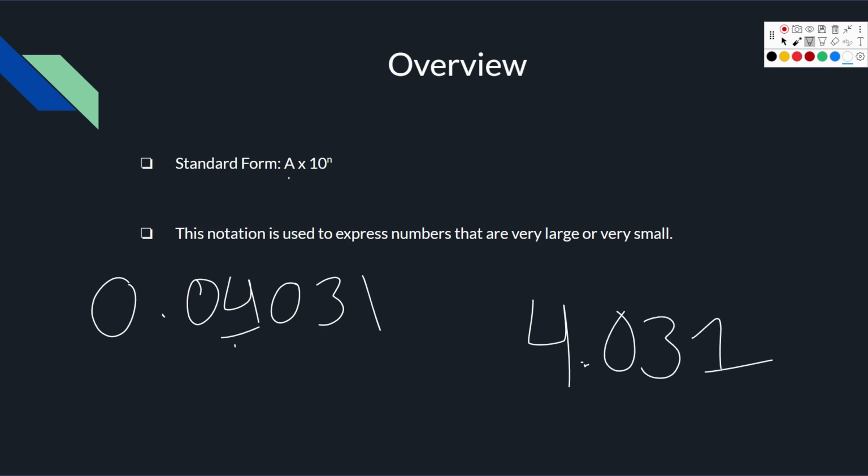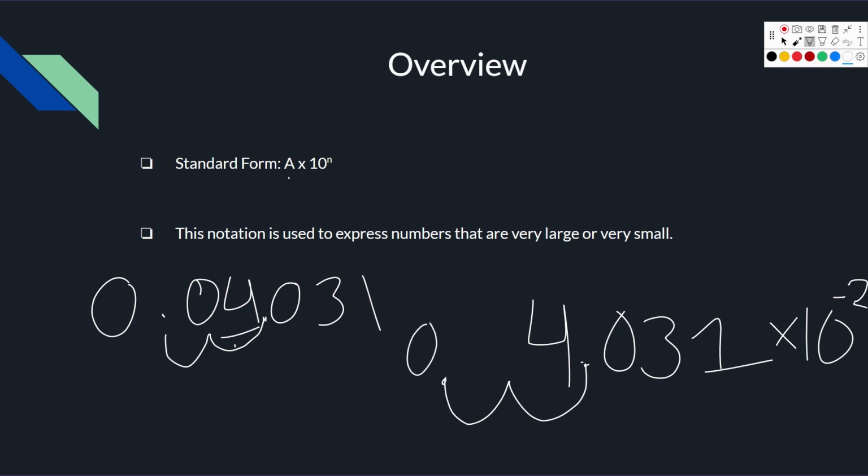4.031, multiply that by 10 to the negative, since our decimal is here, it got moved 2 spaces, so 10 to the negative 2. And if you do that calculation, you can see that this is basically going to be 0.04031, which is our original number.